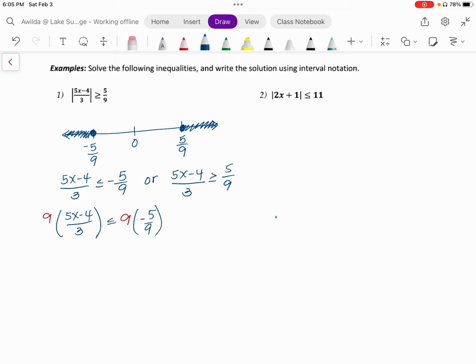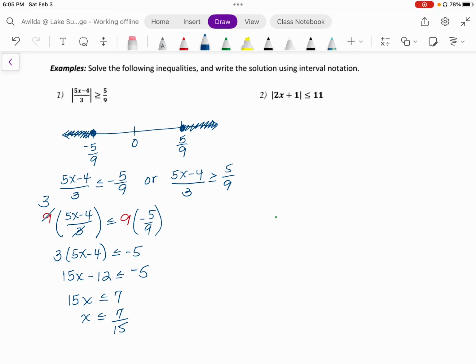And this simplifies to 3 times 5x minus 4 is less than or equal to negative 5. The 3 came from the fact that 9 divided by 3 is 3. By distributing, we get 15x minus 12 is less than or equal to negative 5. If we add positive 12 to both sides, we get that 15x is less than or equal to 7, or that x is less than or equal to 7 over 15.